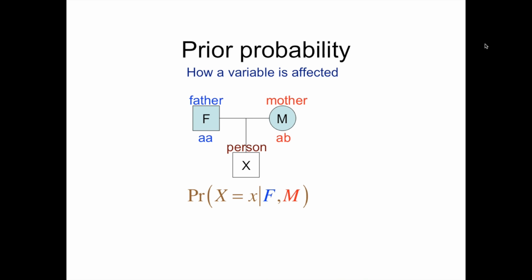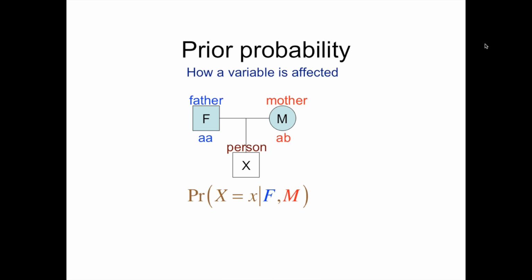So in this case, the probability of that variable X, the genotype of this person, say at a locus, assuming a particular value or allele pair little x, is conditioned on background information. And that's the flow of genetic information from that person's father and mother. And in this example, the father has an allele pair AA, shown in blue, and the mother has an allele pair AB.